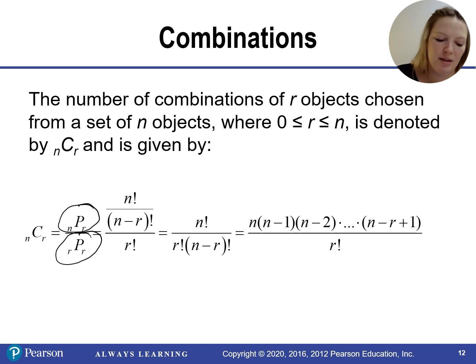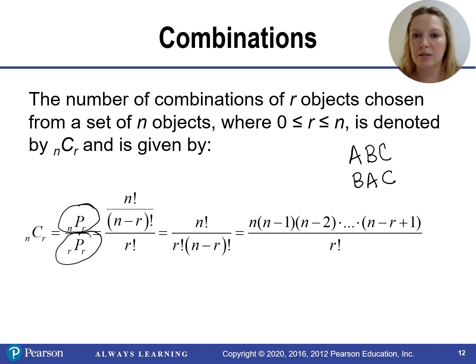Again with the alphabet, if I were to choose 3 letters from the alphabet, instead of permuting them, I would want to say that ABC is the same thing as BAC because it's the same group of letters. So I would have to divide by the number of ways to arrange 3 things to keep from double counting all of those.